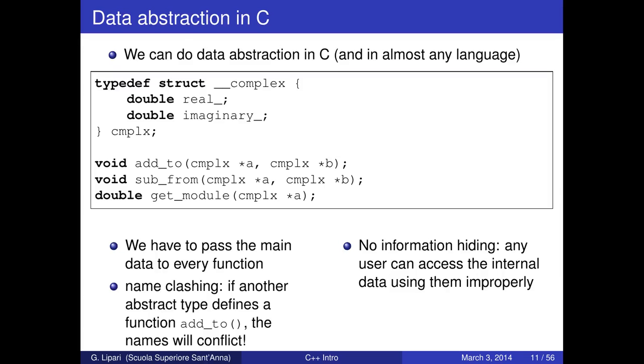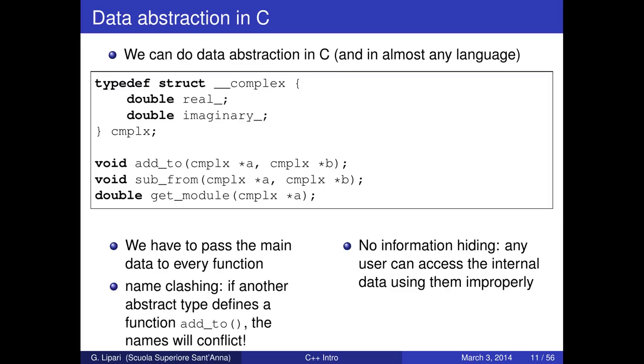Then another thing that you find is that you have name clashing. So if you have another part of the program in which some programmer uses a function getModule on a completely different thing, then you have name conflicts, because in C you cannot have two functions with the same name, okay?